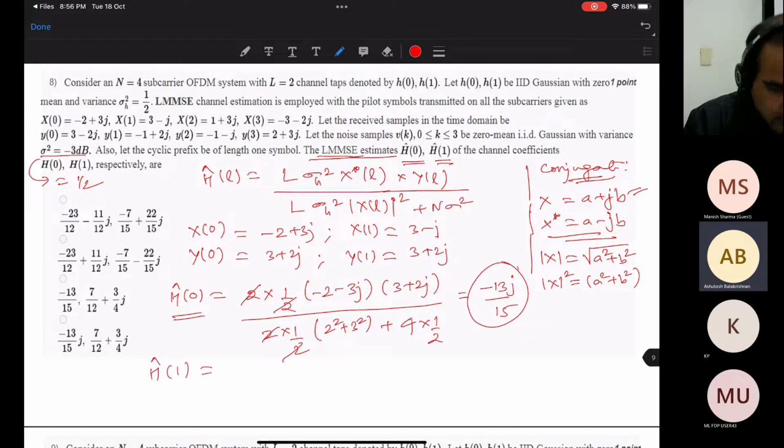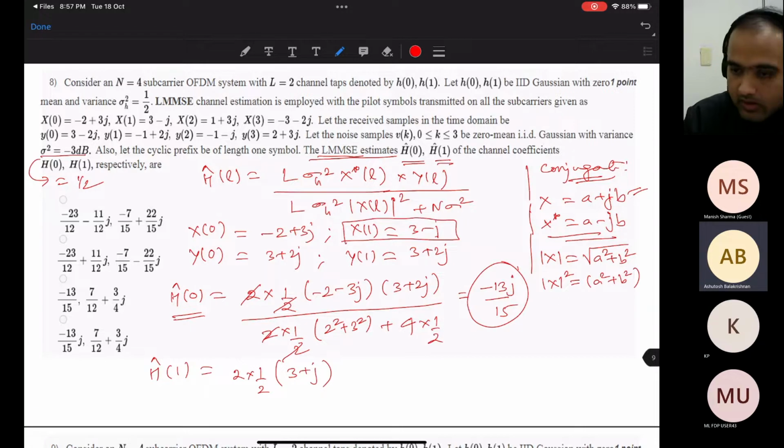Similarly, h hat of 1. So what will be h hat of 1? Again, 2 into half, and this will be 3 plus j. Now the X of 1 is 3 minus j. Therefore, x conjugate of 1 becomes 3 plus j.